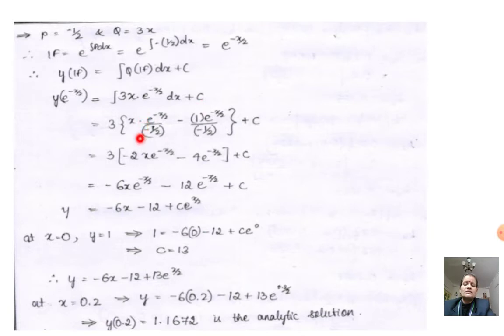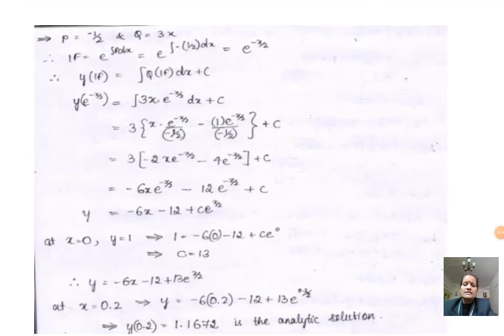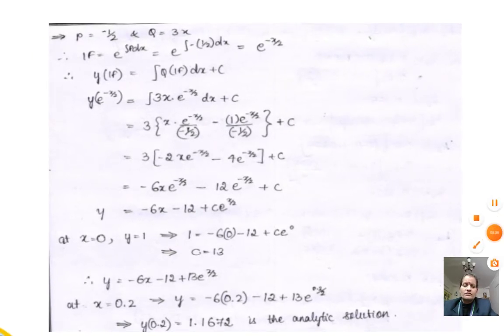And we know, by using Bernoulli's rule or the product rule, let me just explain to you. The UV rule says that u into integral of v minus integral of the integrated function into derivative of u.